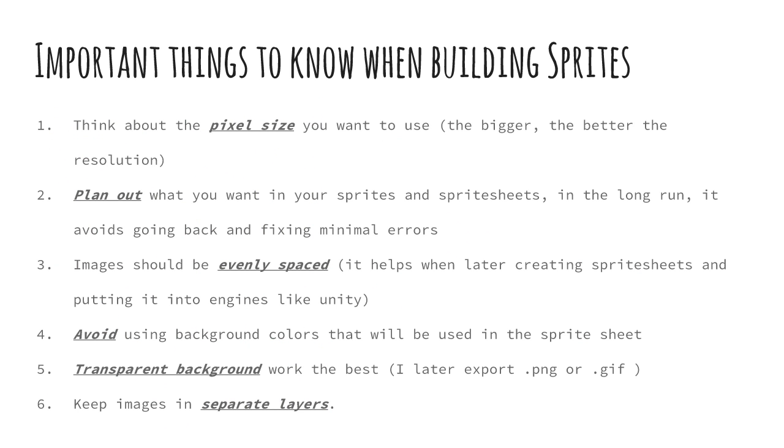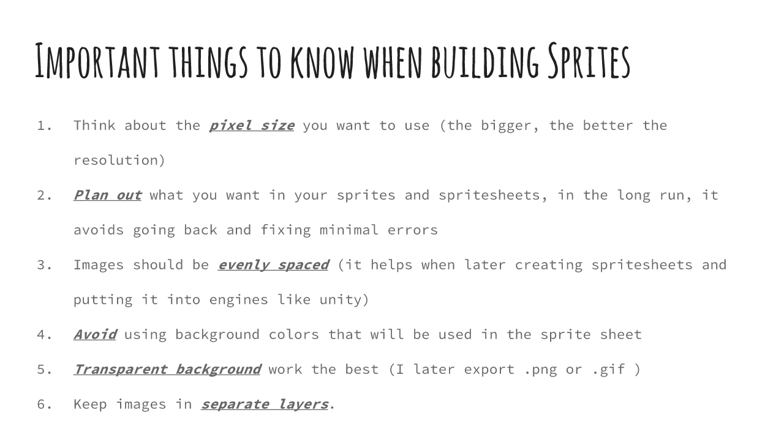Some important things to know when building a sprite: think about the pixel size. How big do you want this to be? Of course, the bigger the better. This is the same as with photography, better resolution. And you can always shrink it, so that's what I like to do. Make things big and then manipulate that to make it smaller.